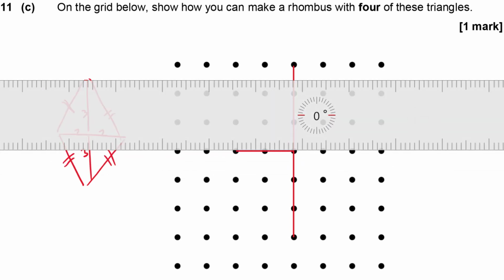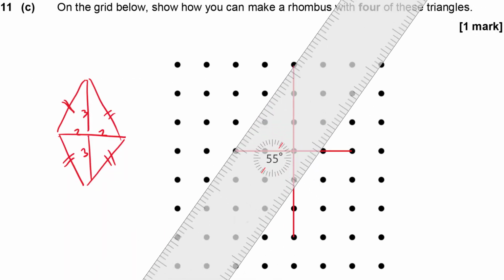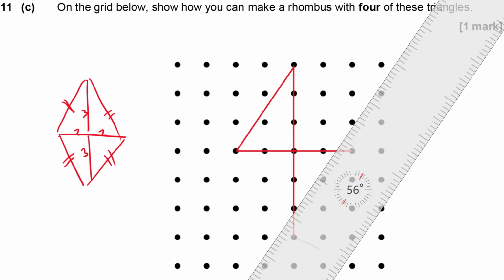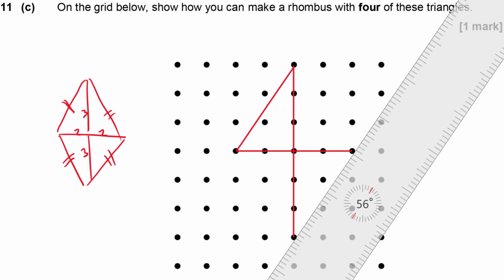So 2 and 2, and then I can just join up all the corners around the edge now to make my rhombus.